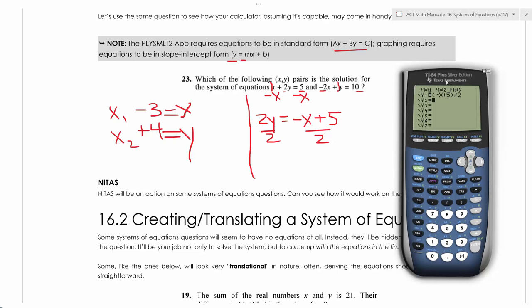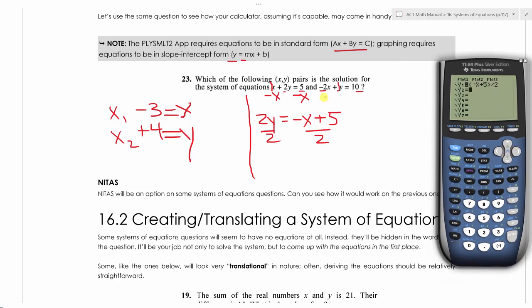And then this other equation is a little easier to put into slope-intercept form. Add 2x to each side, and boom, we've got it in slope-intercept form. We have y equals 2x plus 10. So that is the other equation that I have to enter, 2x plus 10.